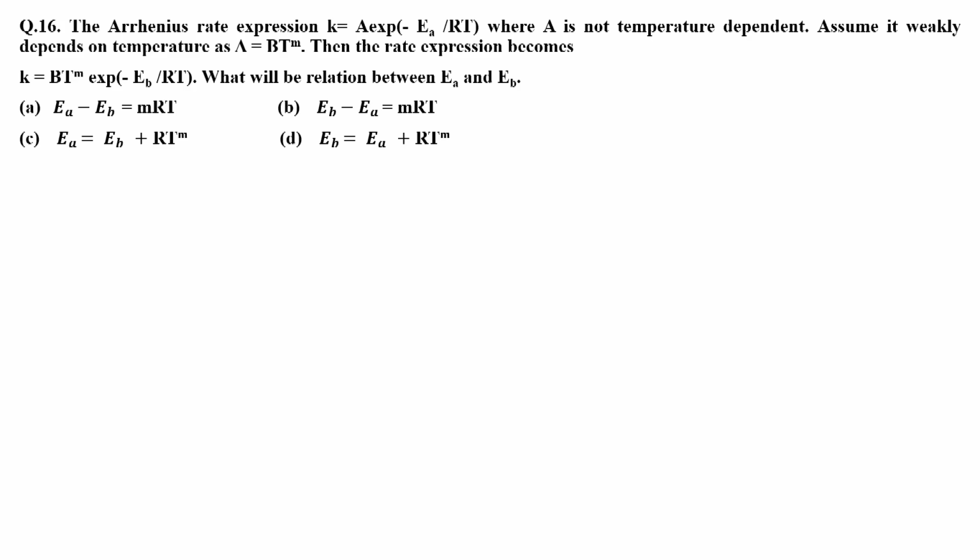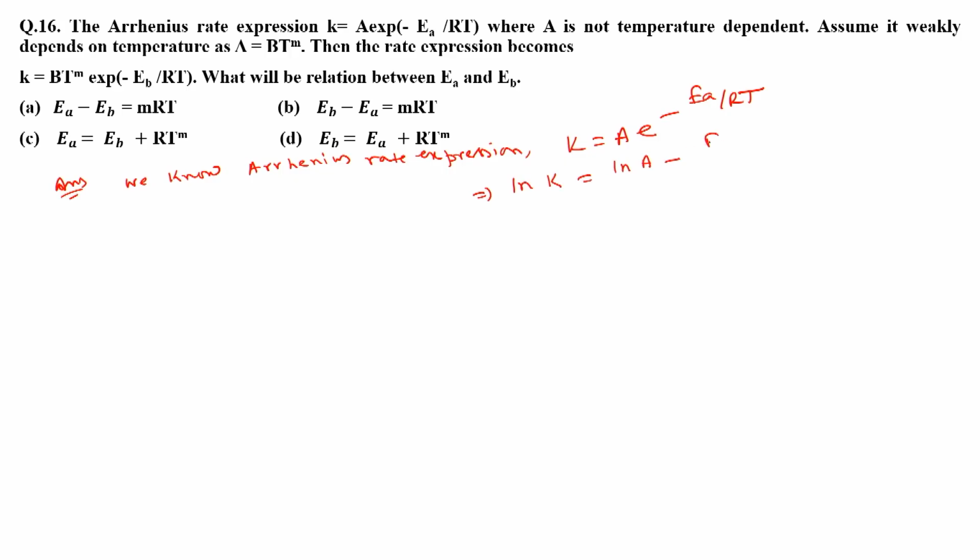We know the Arrhenius rate expression: K is A e to the minus Ea by RT. If we take log of both sides, we get ln K is ln A minus Ea by RT.